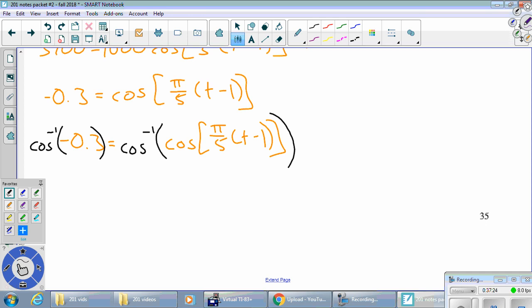So the left-hand side is just a number. We're going to get that on the calculator. The right-hand side, cosine and inverse cosine cancel. That's why we put it there. And so the right-hand side is just pi over 5 times t minus 1. So all that we have to do now is use the calculator to give us an estimate for the left-hand side, inverse cosine of negative 0.3.